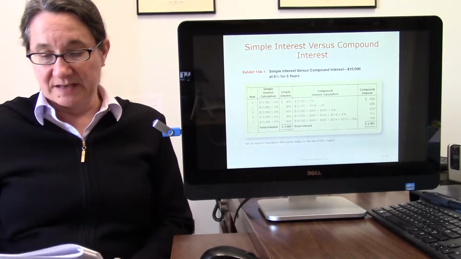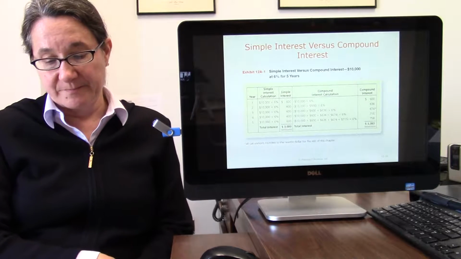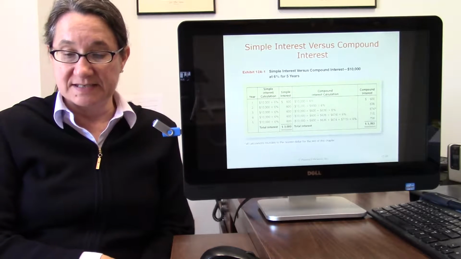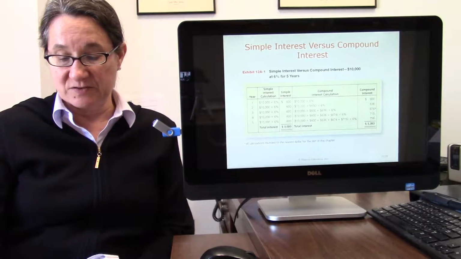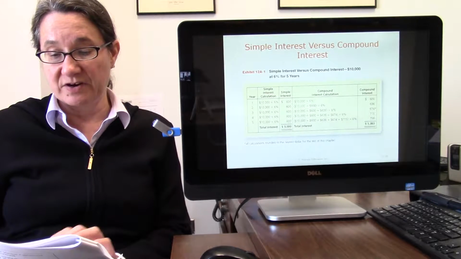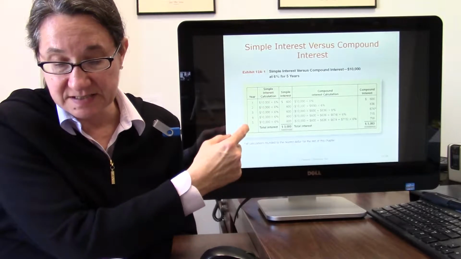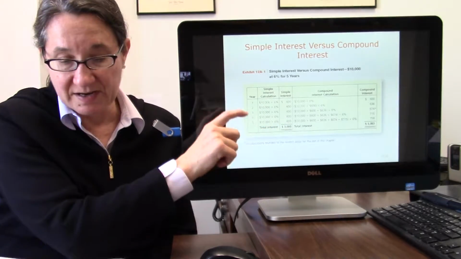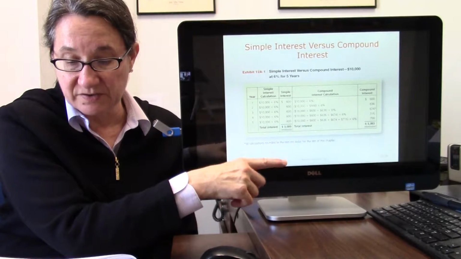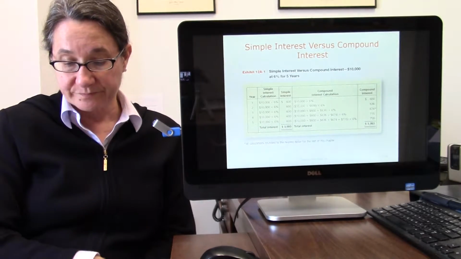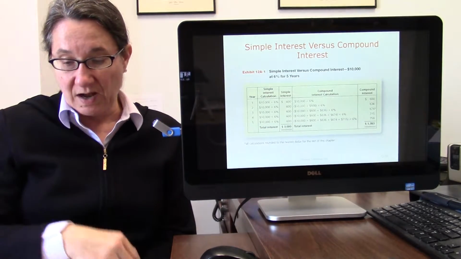So here's a table that sort of gives you an idea about this. Exhibit 12A1 on page 617 compares simple interest at 6% on a 5-year $10,000 investment. So this first column is simple interest, right? 600, 600, 600, 600 for a total interest of 3,000. Or compounding.